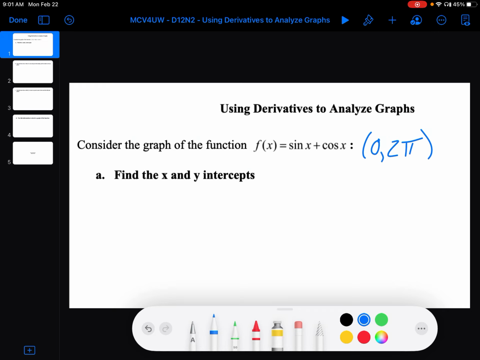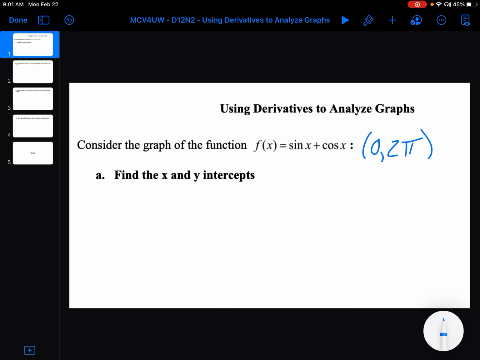So finding the x and y-intercepts is typically how we're going to start these graphs. I'm going to start with the y-intercept just because I think that it is easier. If you think back to the sine and cos graphs, we know that sine starts at 0 and cos starts at 1, and 0 plus 1 is just going to be 1.